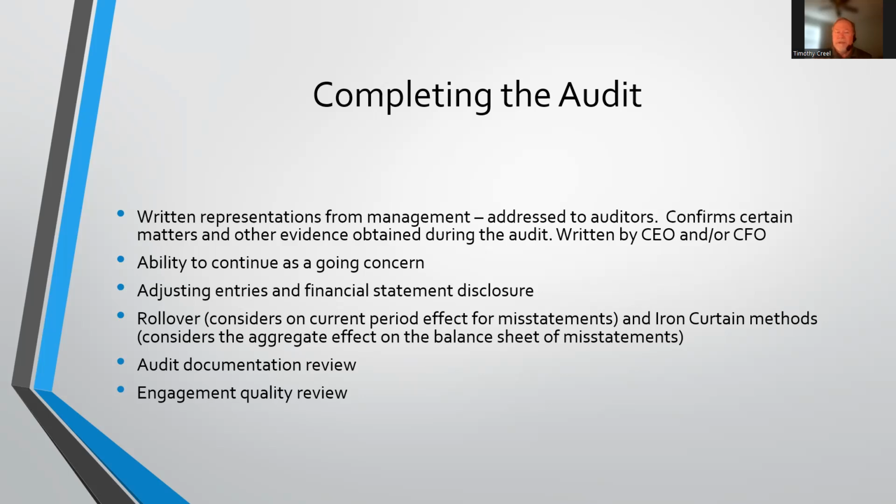The auditors would need to look at the ability to continue as a going concern. One of the things the auditors are looking at is, can this business continue beyond the following year? If the auditor is concerned that this business is not going to make it through their next fiscal year, they would report that as a going concern, that they have doubts about this company's ability to continue as a going concern.